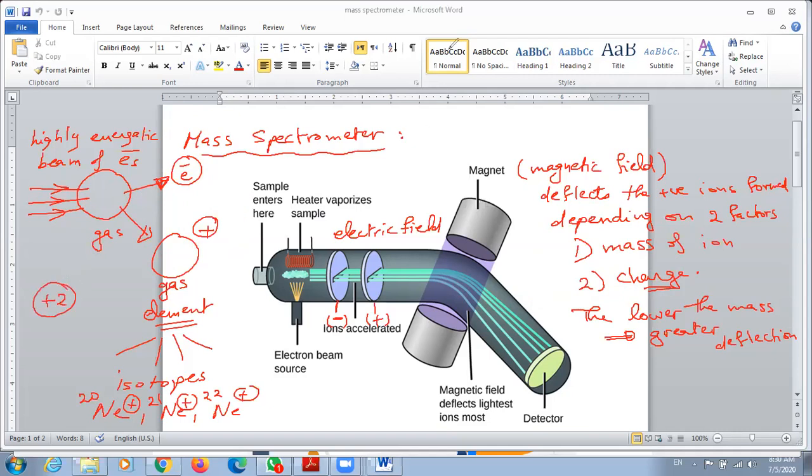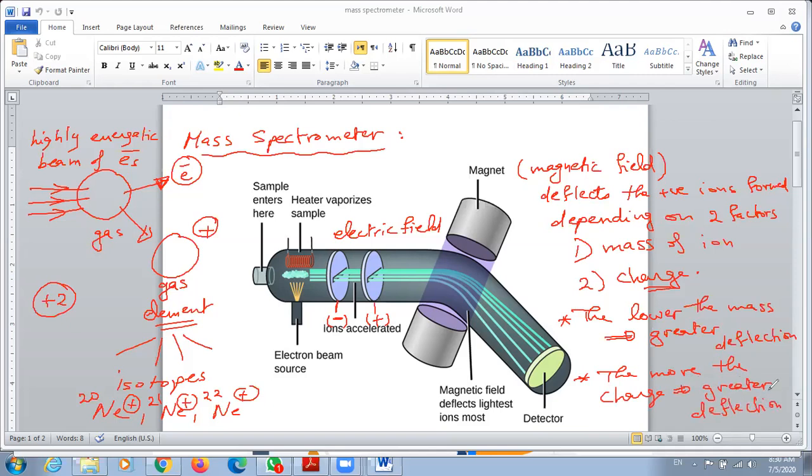So if the charge of one of the isotopes is plus 2, then what happens? It will be deflected more by the magnetic field. So the more the charge, the greater is the deflection.